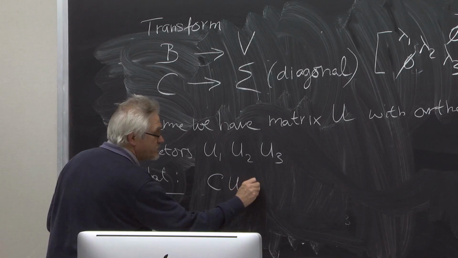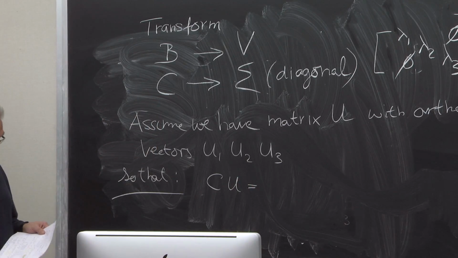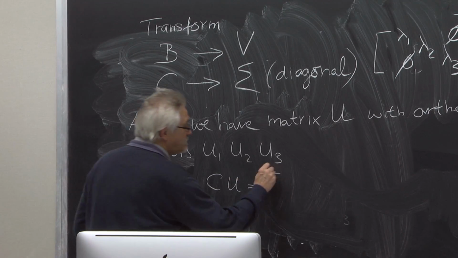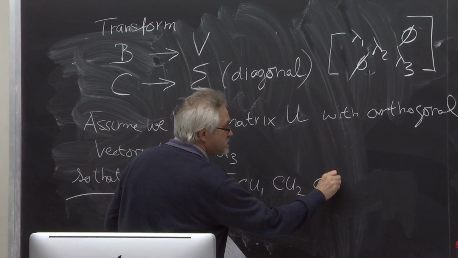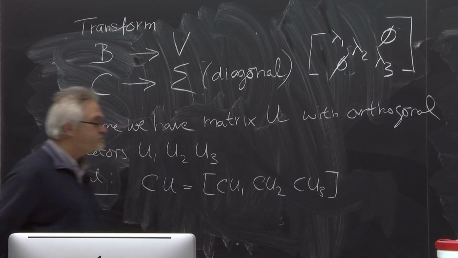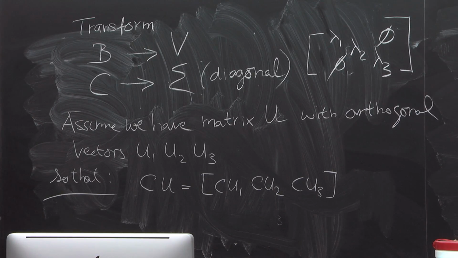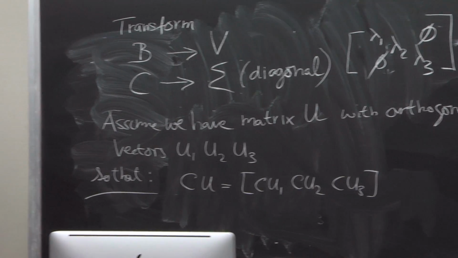Basically C times U, C is again the covariance matrix, would then be CU1, CU2, CU3, isn't it? And U1, U2, U3 are column vectors in this case.